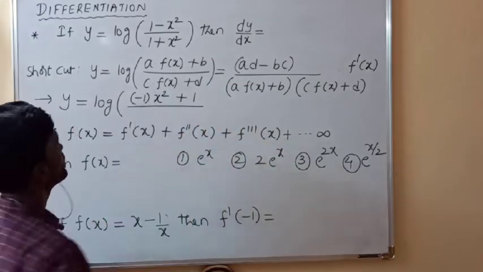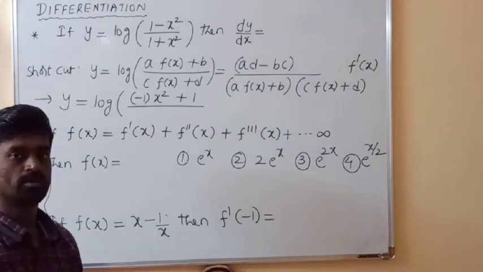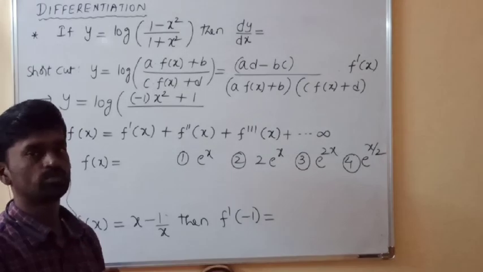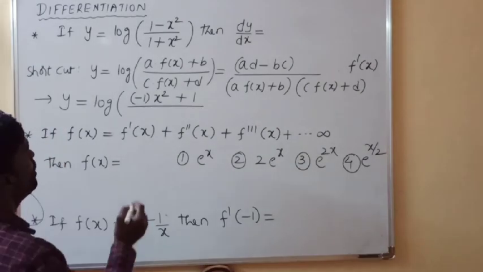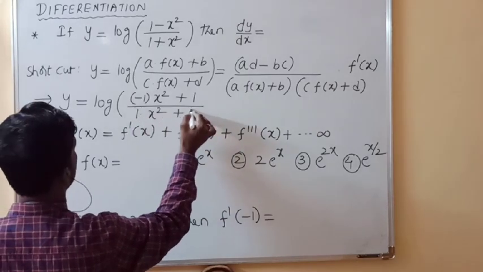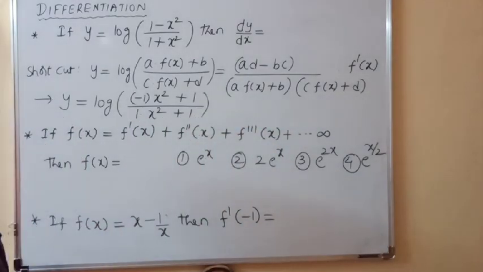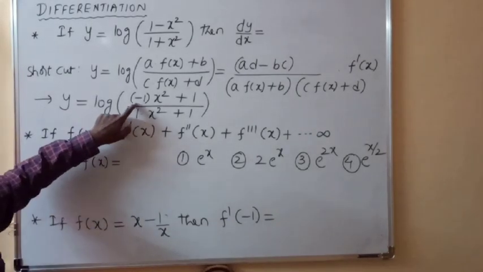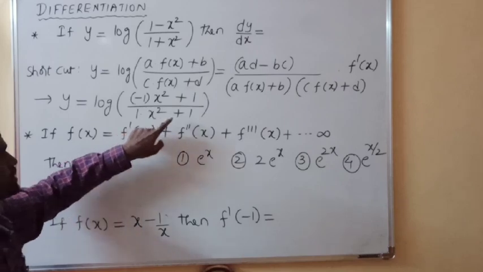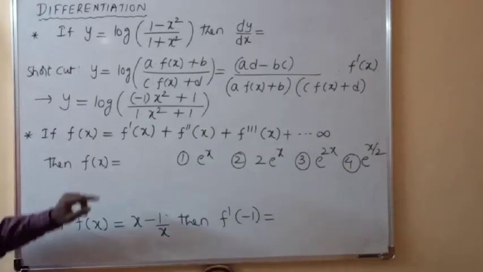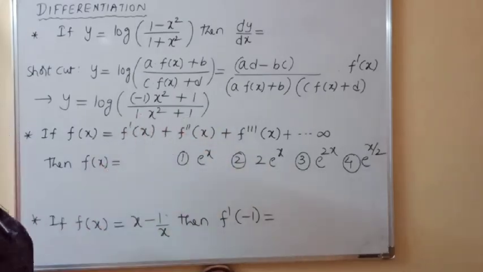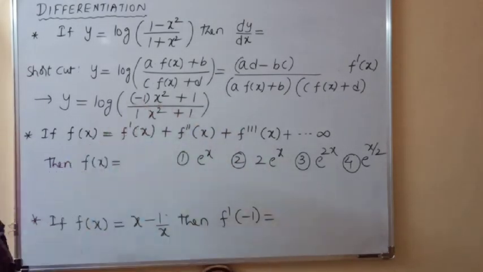Am I correct? 1 minus x square can also be written as minus 1 into x square plus 1. The denominator, x square plus 1, can be written as 1 into x square plus 1. Now it is in the form of (a f(x) + b) divided by (c f(x) + d). So here a, b, c, d are minus 1, 1, 1, 1, and f(x) is x square.